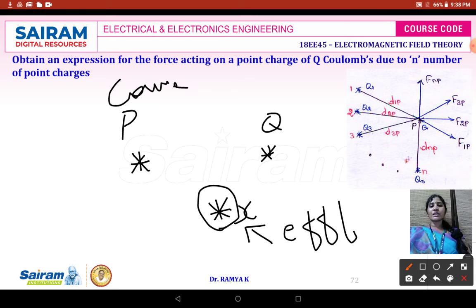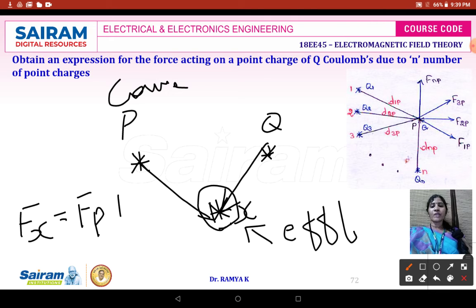So due to point P, one force will be exerted at point X. Due to point Q, another force will be exerted at point X. Therefore, the net force acting at point X will be the vector force due to point P plus the vector force due to point Q.